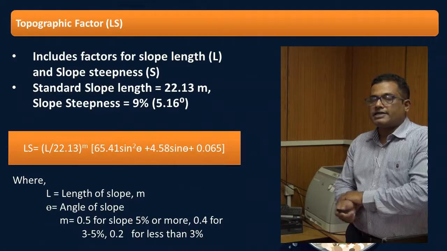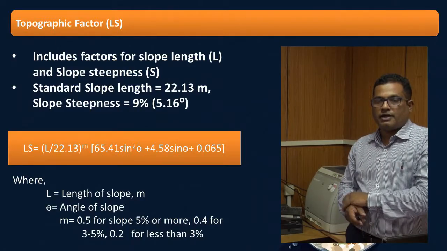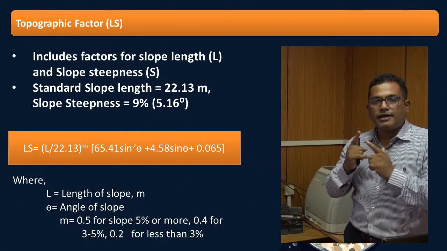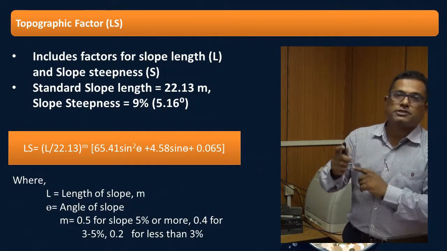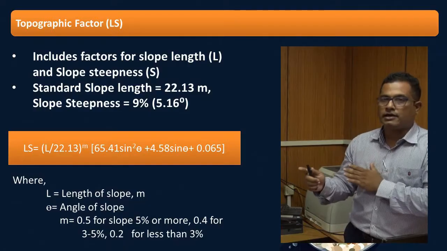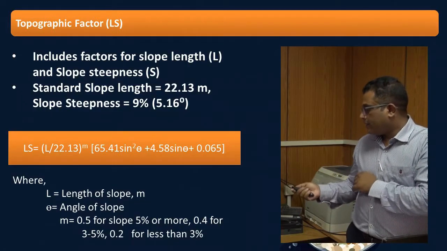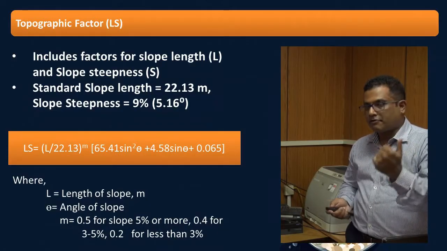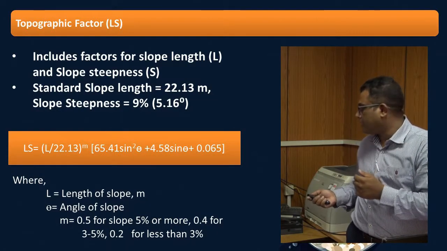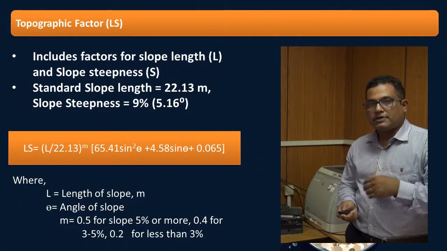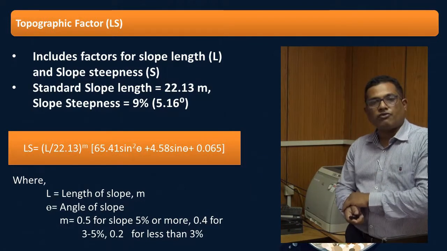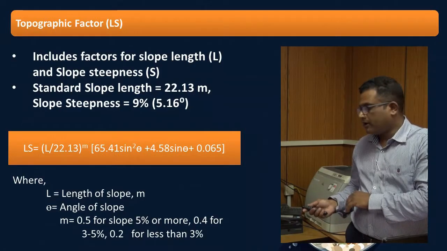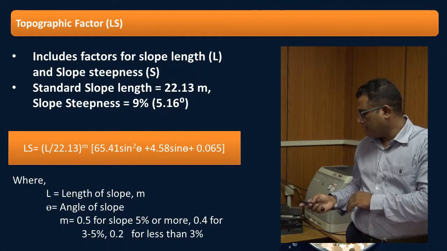Second important factor is the topographic factor. This is the combined effect of L, length of slope, and steepness of slope, that is LS. The standard length, as we have discussed in the previous slide, is 22.13, and steepness of the slope is 9% or 5.16 degree to horizontal.